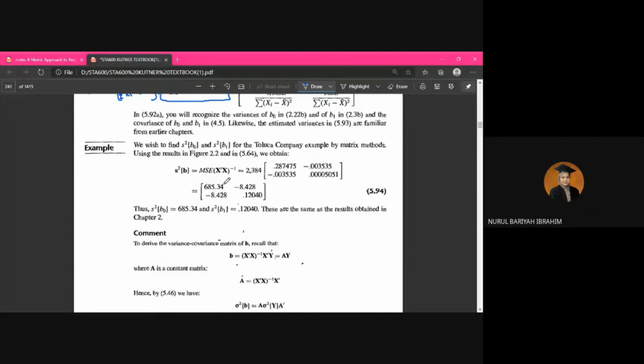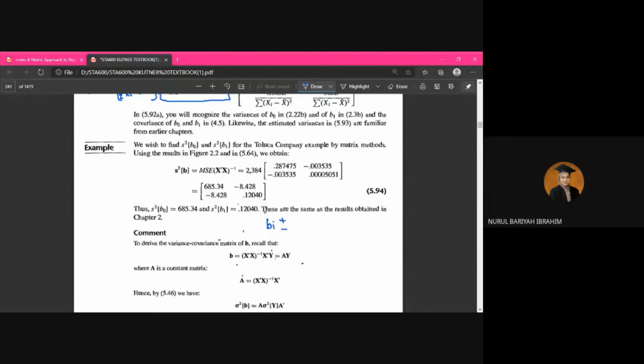From here, we can see that this value is the variance for beta naught, and this value is the variance for beta 1. We need to use the standard deviation to find the confidence interval for the parameter, so you need to square root this value. Okay. Alright.